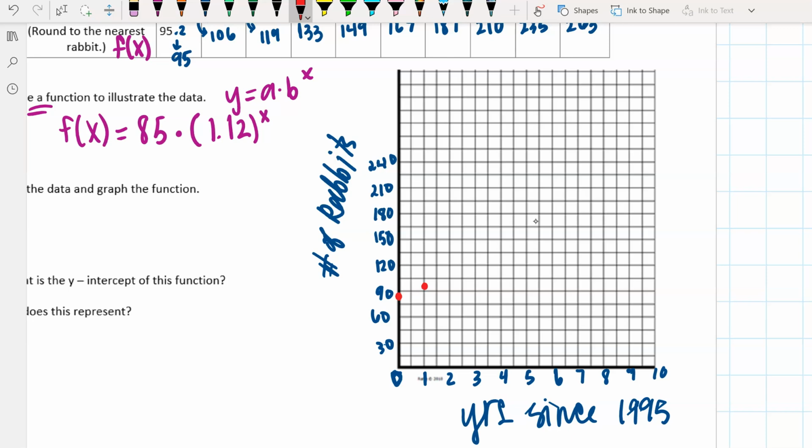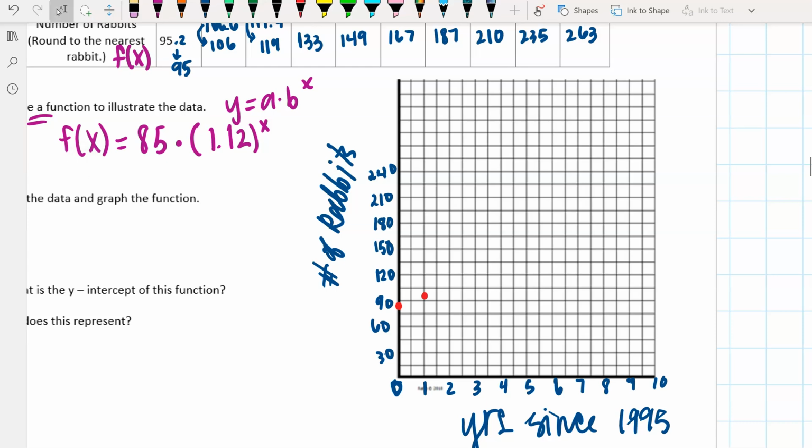Then year 2 was 106, and because that's 15, it's going to be around here. That's 105-ish, so 106. Year 3 was 119, so that's going to be really close to 120.